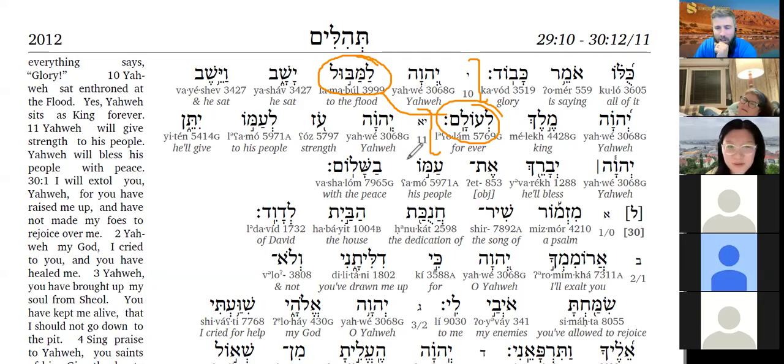All right, and then verse 11. I will read. All right, sure. Adonai oz le'amo yiten. Adonai yevarech et amo vashalom. That reminds me of another song.